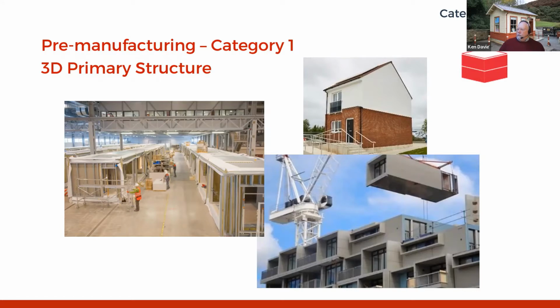Although you could perhaps have a 3D precast concrete culvert or something of that nature if it's a highways project. So probably limited in its use on a highways project, but not perhaps completely unknown.